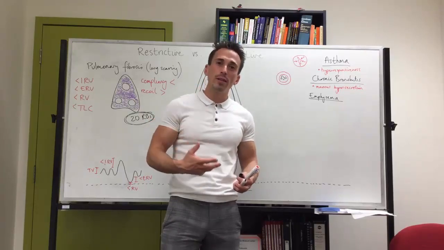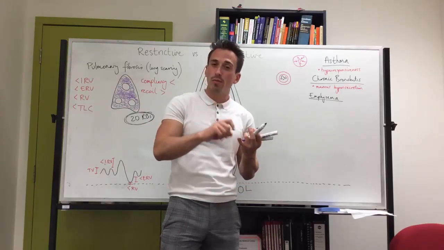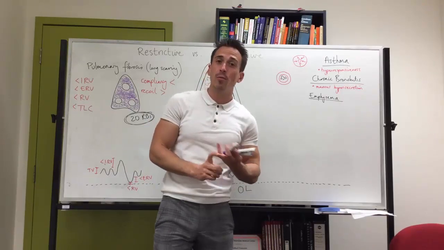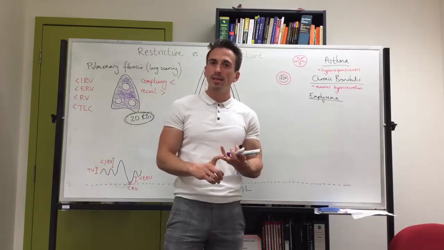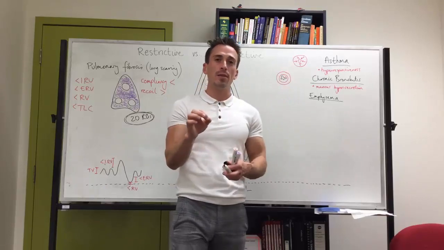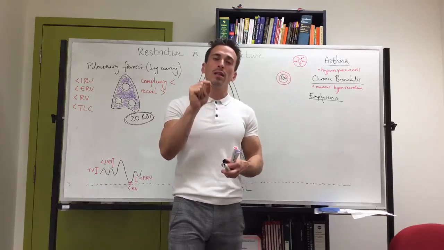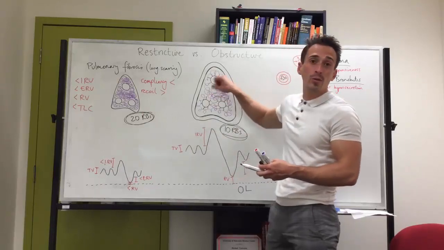Now, they secrete proteases, which are enzymes that break down proteins, and elastases that break down the elastic tissue within the lungs as well. So what that means is, apart from obstructing the airways in emphysema, you also have the elastic tissue within this airway being eaten away as well.